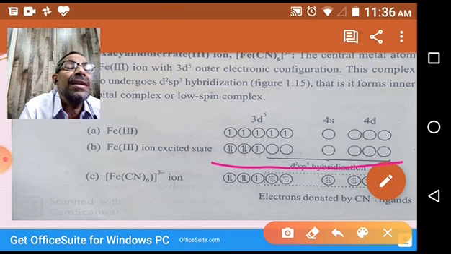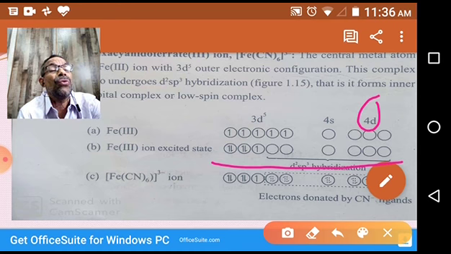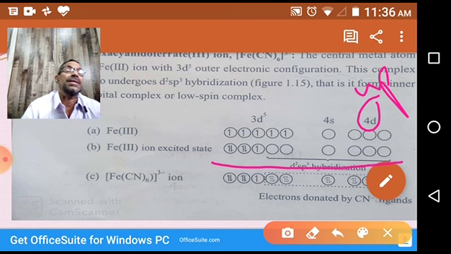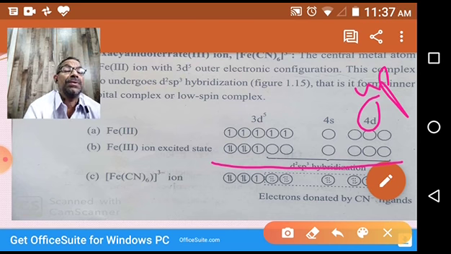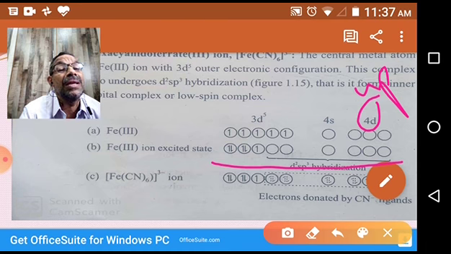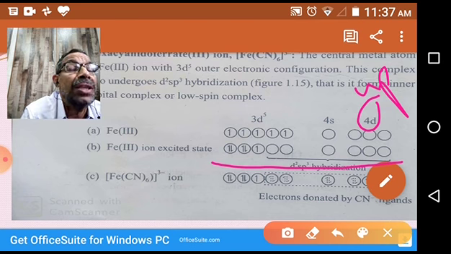So in this state, 2 3d orbitals, 1 4s orbital and 3 4p orbitals intermix to give 6 d2sp3 orbitals. This is also d2sp3. That's why this complex is known as an inner orbital complex. Why inner orbital complex? In this hybridization, n-1 d orbitals are involved in the hybridization.